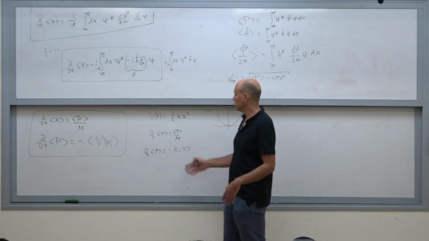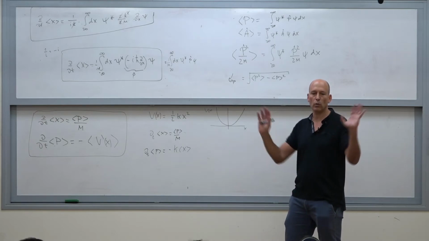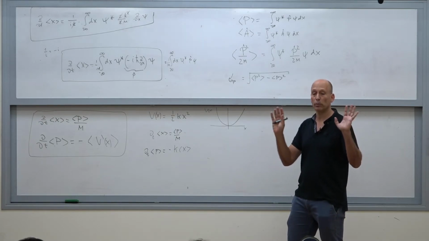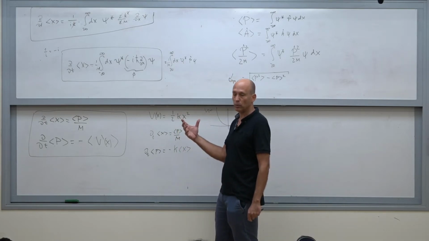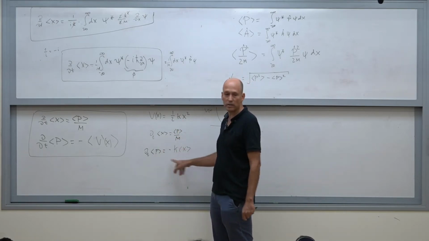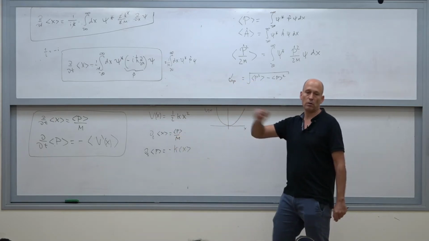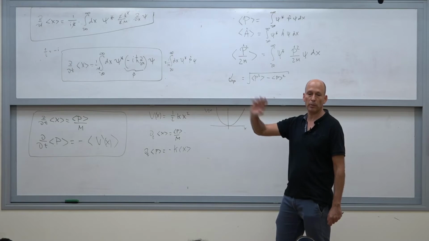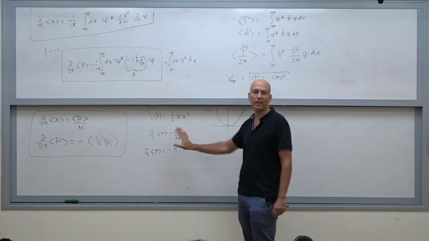Well, this is great. You know the solutions of this. So you already solved a quantum problem. Not the wave function for the oscillator, but you found the average position and its average momentum, because the solution is simply oscillation, cosine of omega t plus some phi, right? Everyone knows how to solve these equations. And this is exactly Newton, right?